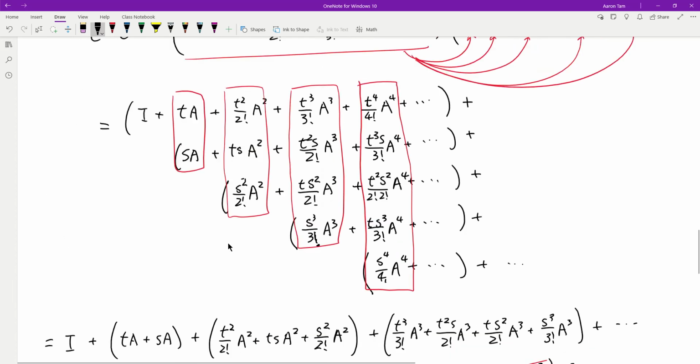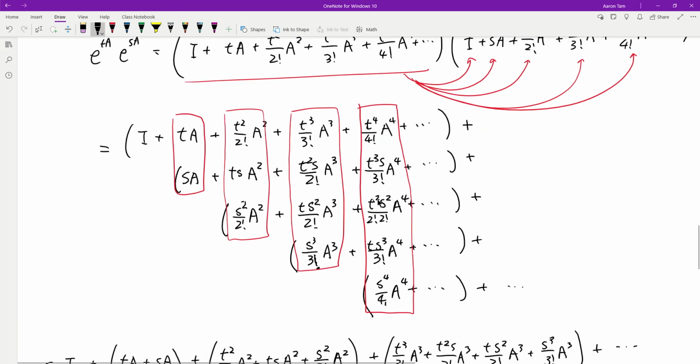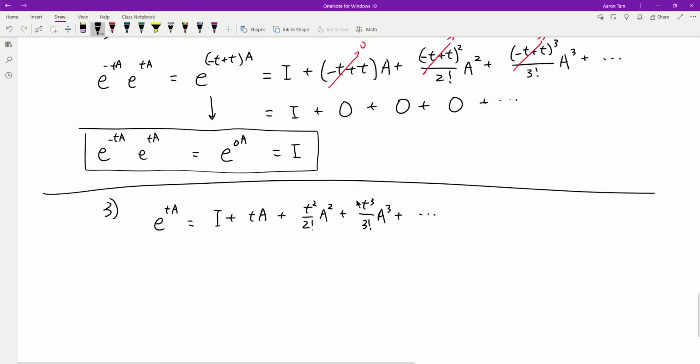So that's how our e to tA works. It's defined the same way as this. And maybe I'll also write it out as a summation. So that's equal to summation j from 0 to infinity, t to the j over j factorial, A to the j.